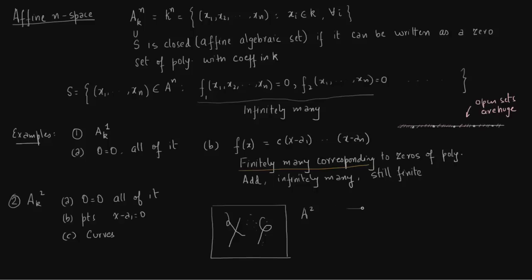So let us write down the open sets here also. Draw a different figure. For A2, we're going to draw a circle first. This is a closed set, and the complement of this set is open. So look at the open set. This is huge.